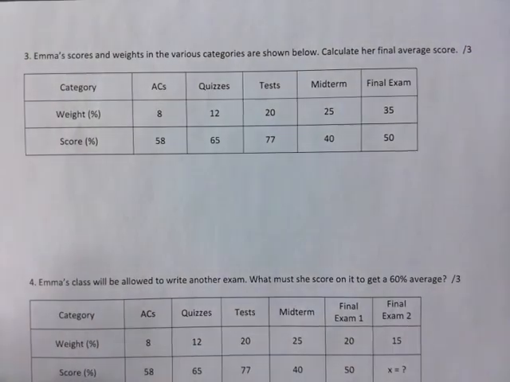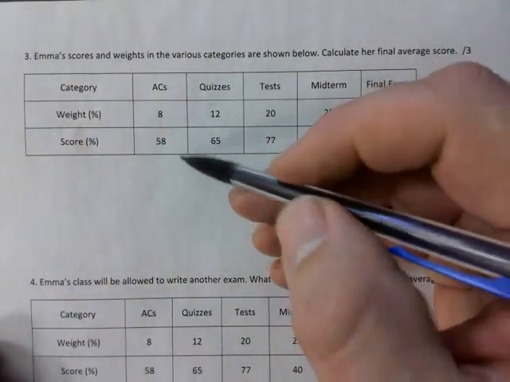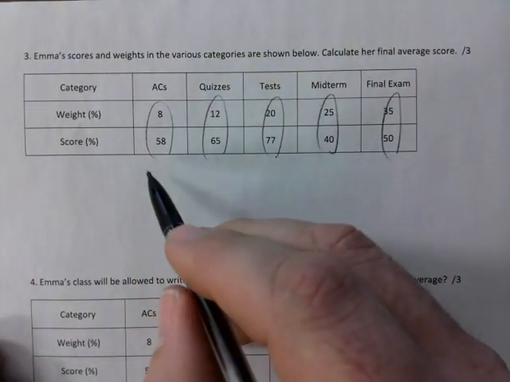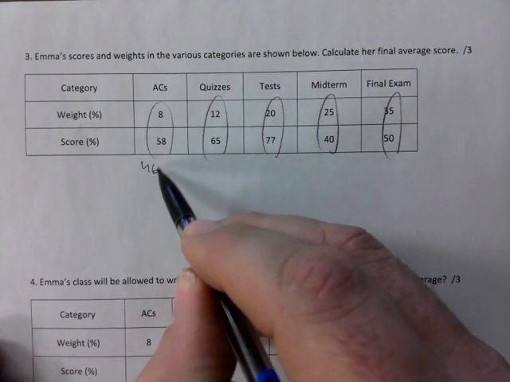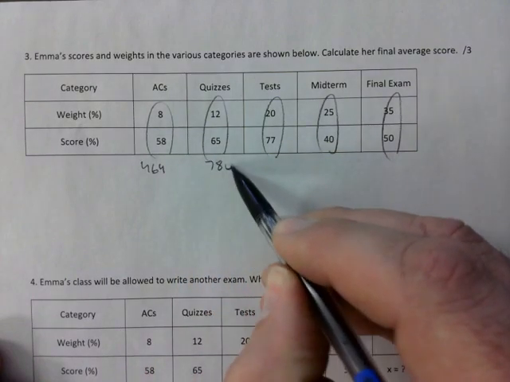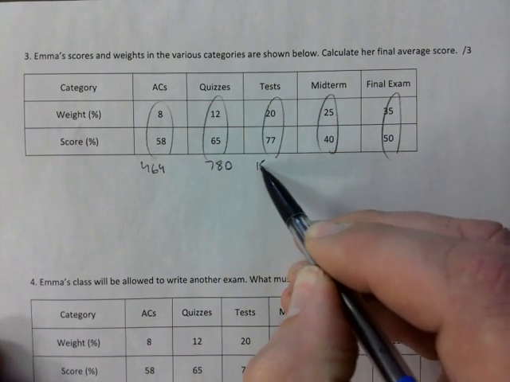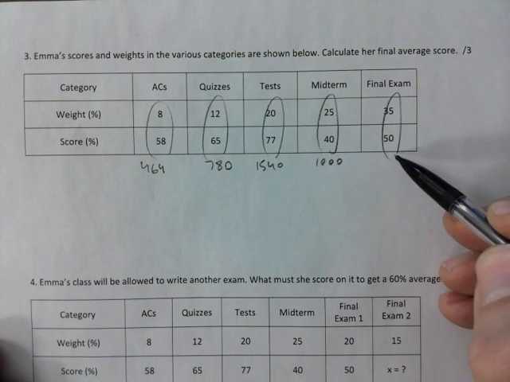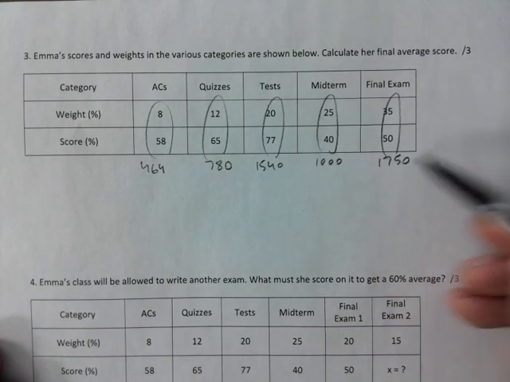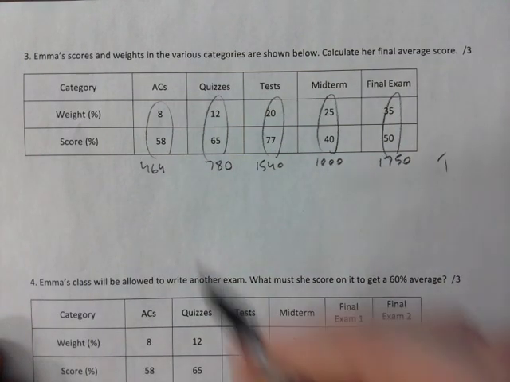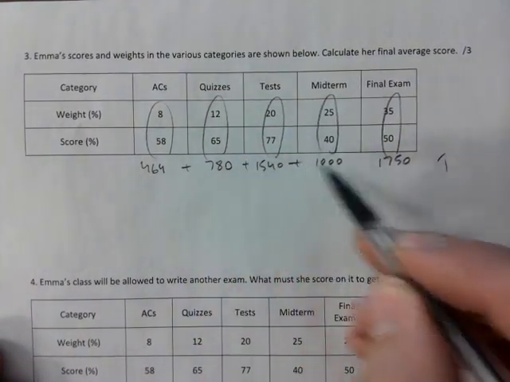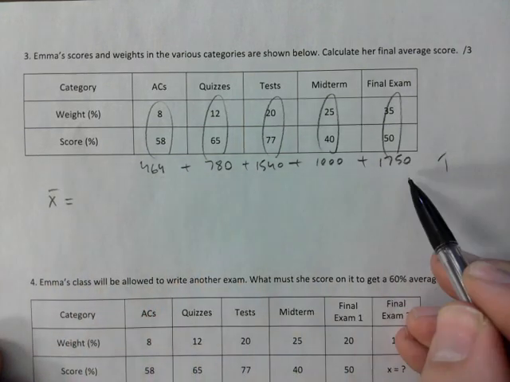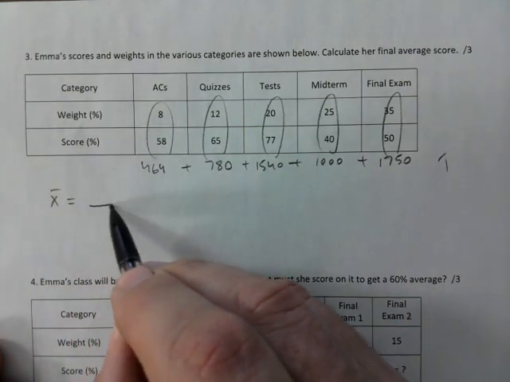All right, here, same thing. You multiply, right? And you get 464, 780, 1540, 1,000, right? And this is 1750. If you have that, you get a mark. Then you will add them up. So to get my average, that added up, help me out, please.